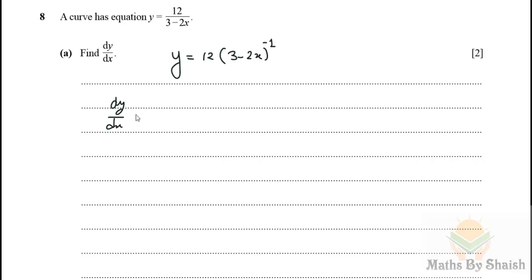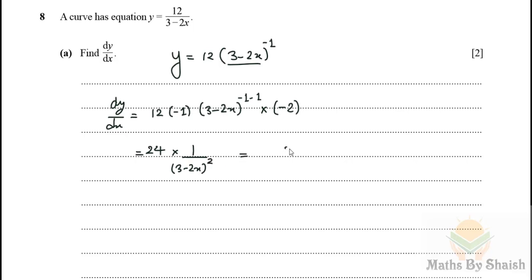That is dy over dx would be 12 times minus 1, then 3 minus 2x to the power minus 1, and by chain rule we'll differentiate the bracket as well, which will give us 0 minus 2, that is going to be minus 2, and hence we will get minus minus plus, 12 2s are 24, and we can write it as 3 minus 2x in denominator and power is 2. So ultimately we got 24 over 3 minus 2x whole square.